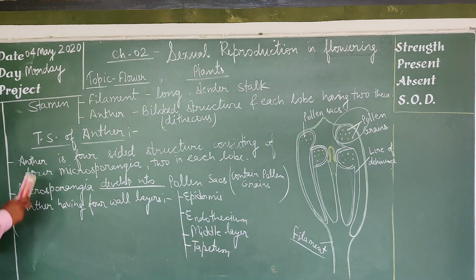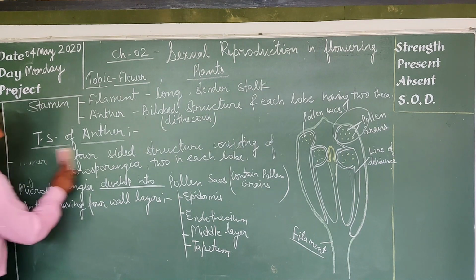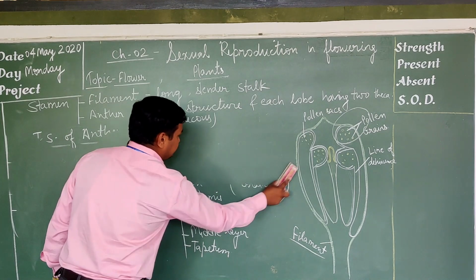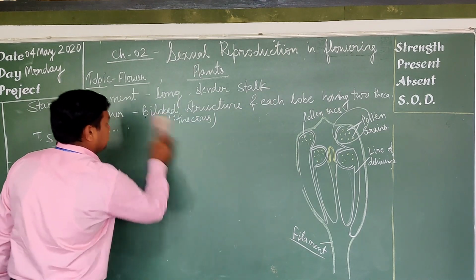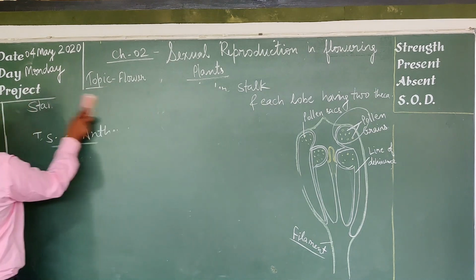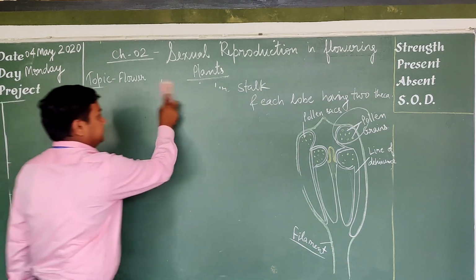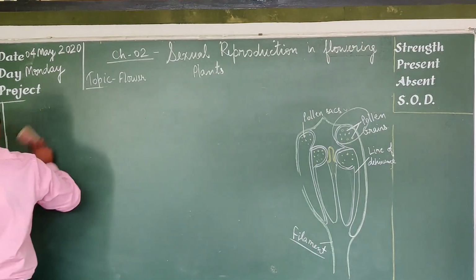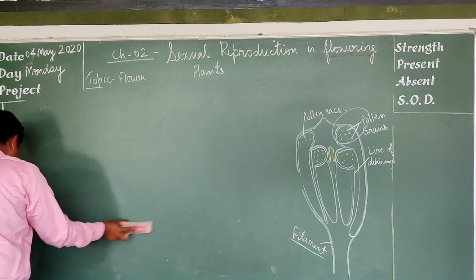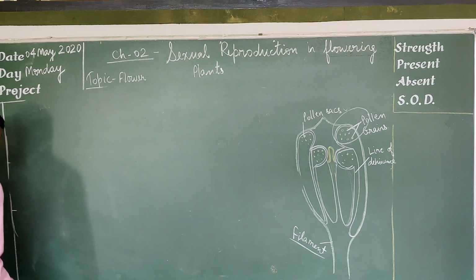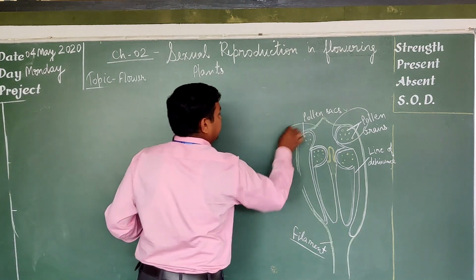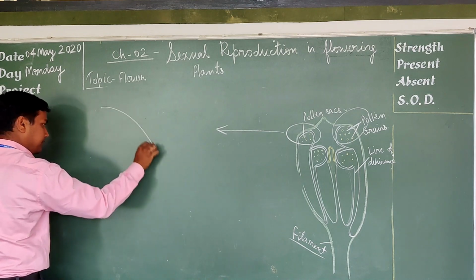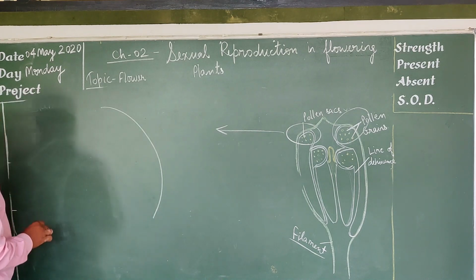Next, the structure of anther, a diagrammatic presentation of anther. As you know, the first layer is known as epidermis, and epidermis is a single layer. This is the structure of TS of anther.